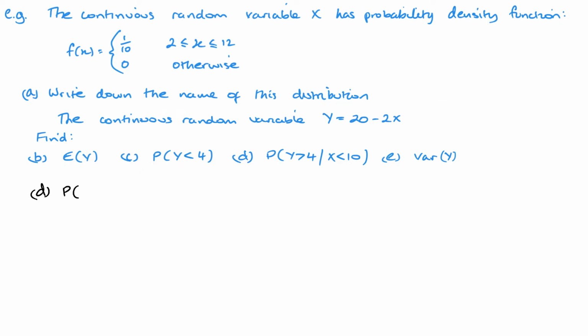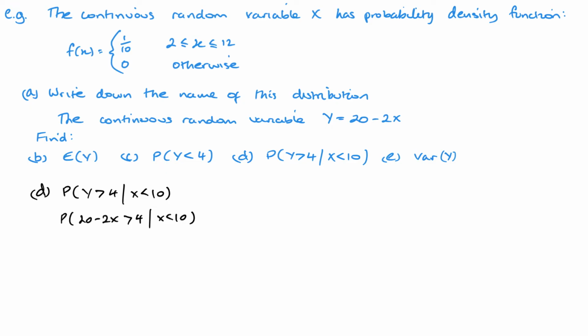Now let's deal with part D. So we have the probability that y is greater than 4, given that x is less than 10. So we want to turn this into the same thing, don't we? It doesn't make any sense as it stands, so we need to make a few changes. So what I'm going to do is turn everything in terms of the variable x. We know that y is 20 minus 2x, and that's greater than 4. We have x is less than 10.